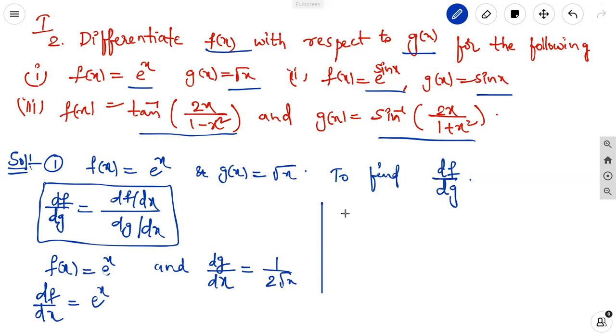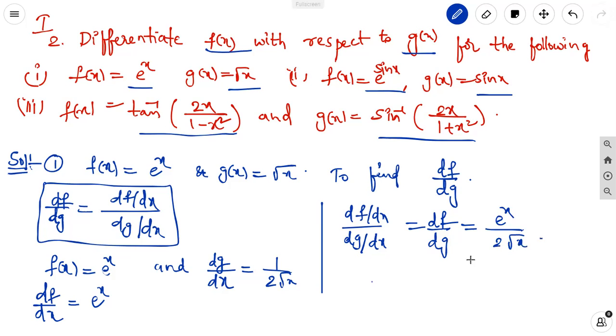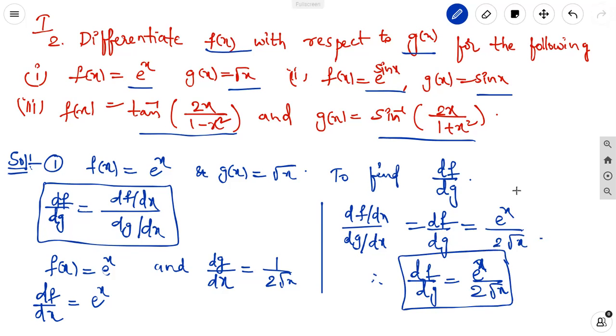Then one by another we divide, df by dx by dg by dx is equal to df by dg, that is equal to e power x by 2 root x. Therefore, df by dg equal to e power x by 2 root x is the answer.